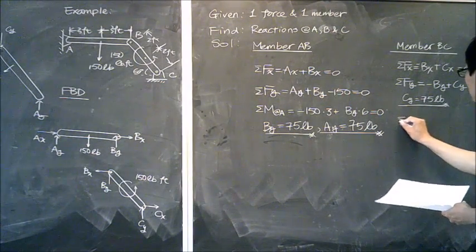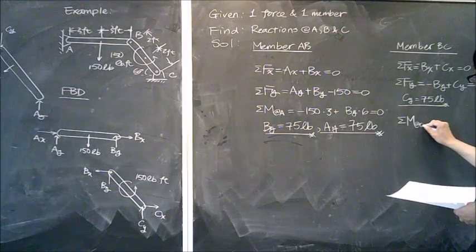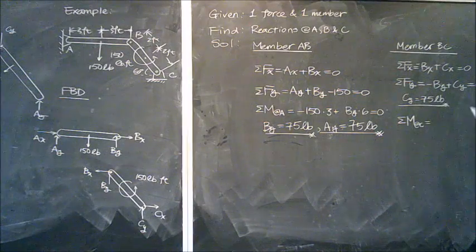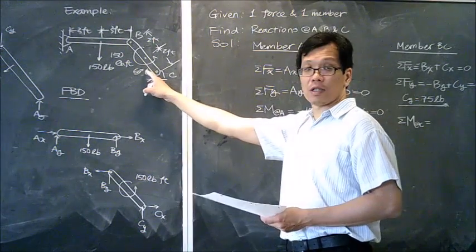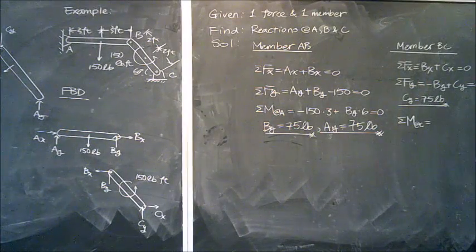So what we're going to do is to take the moment about C. So when we do that, we know this is 60 degrees. We know that the length of this member is 4 feet.